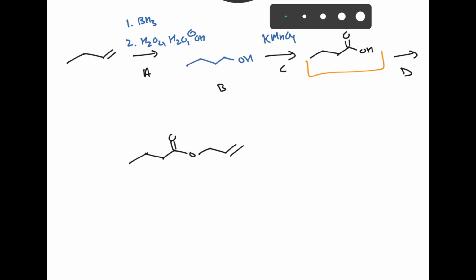How would I make this ester? Keeping in mind that there's a double bond involved, meaning we don't want to just take sulfuric acid and the alcohol and heat the crap out of it. So it's the other way we know how to make an ester.